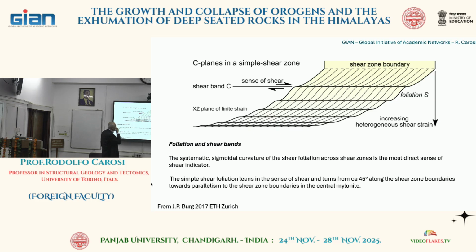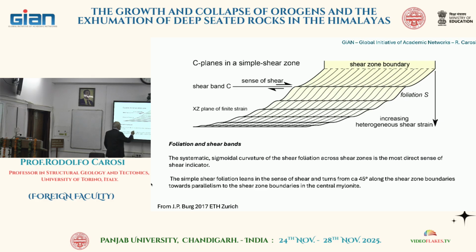And the other plane is the C plane, a straight one that is parallel to the shear zone boundary. And the SC fabric is replicated at the scale of 1 centimeter, 2 centimeters, and even a little mm, a smaller shear zone with the same geometry.